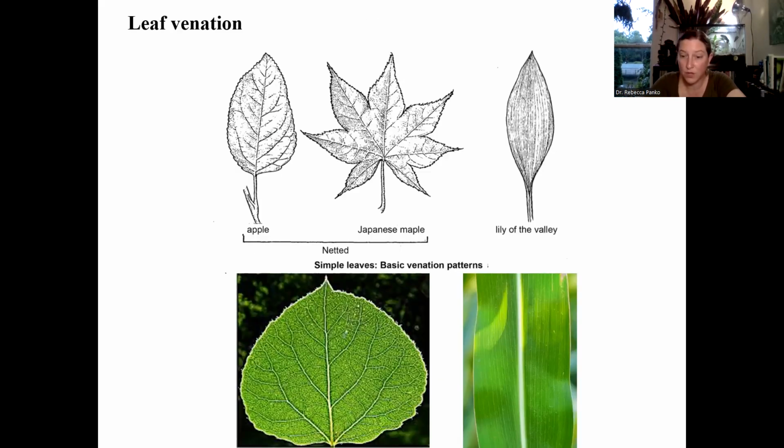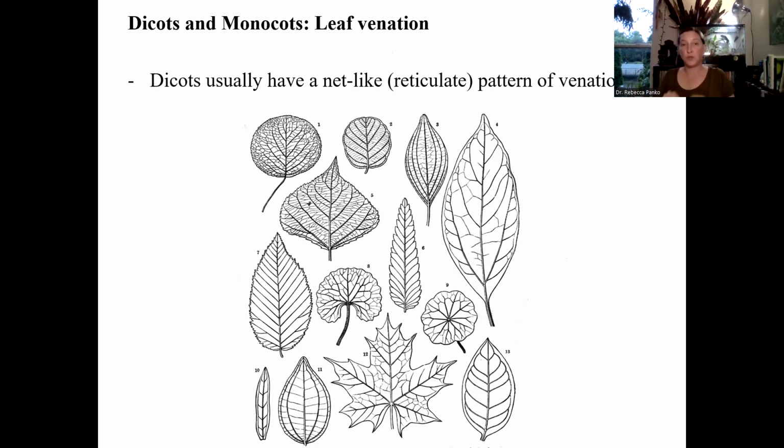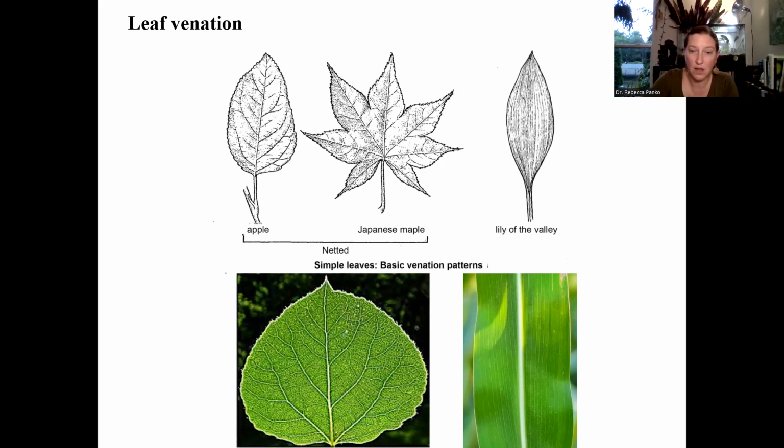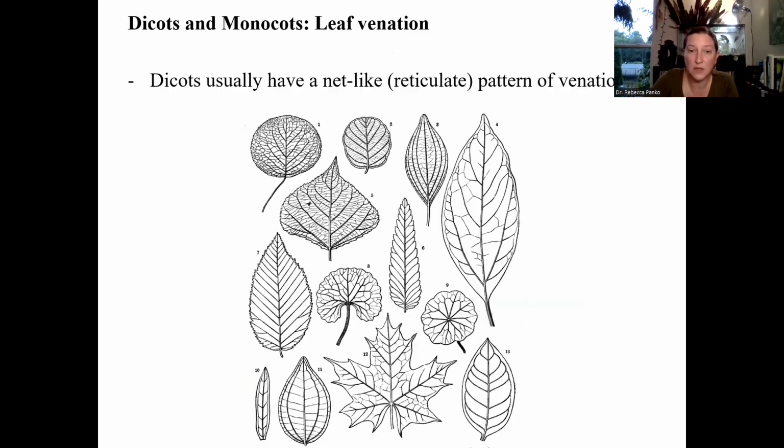So usually, and this goes back to Morgan's question, usually dicots have the net-like or reticulate venation. So that was what I was saying back here, that for netted, you could have a more fancy word, which is this word, reticulate. Reticulate just means netted or net-like. So dicots usually have net-like patterns of venation.